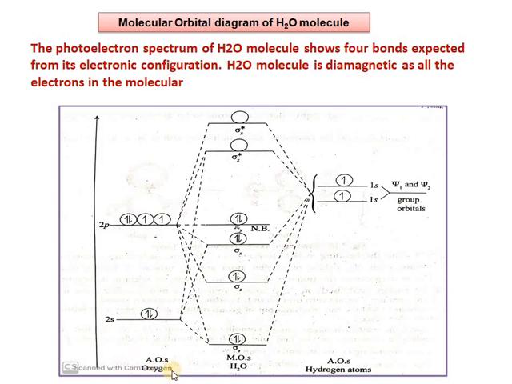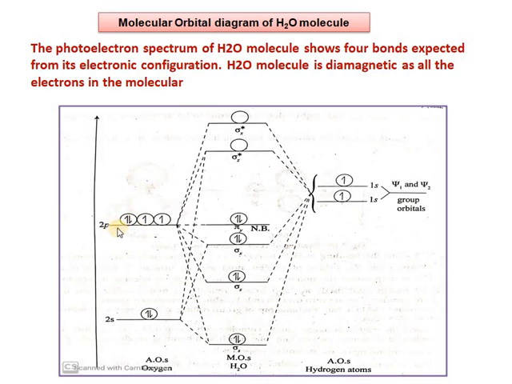Firstly, the 2s orbital of oxygen has 2 electrons. These 2 electrons are distributed as one electron coming here and another coming here, to get the sigma s molecular orbital of the water molecule, a bonding molecular orbital.